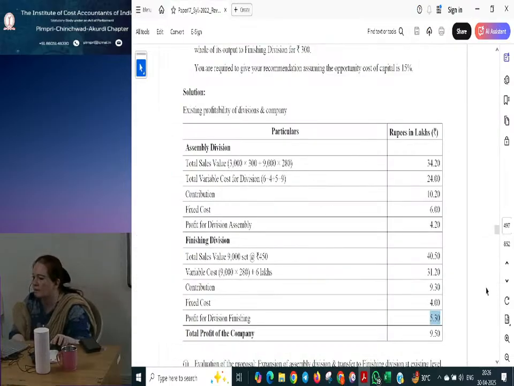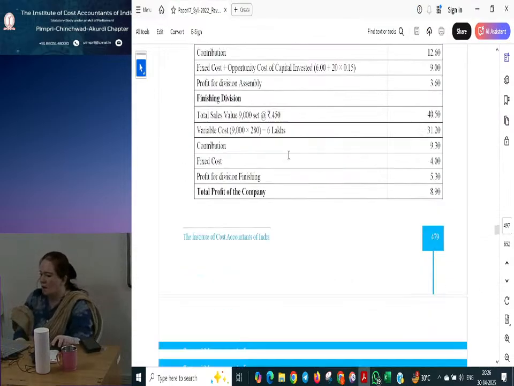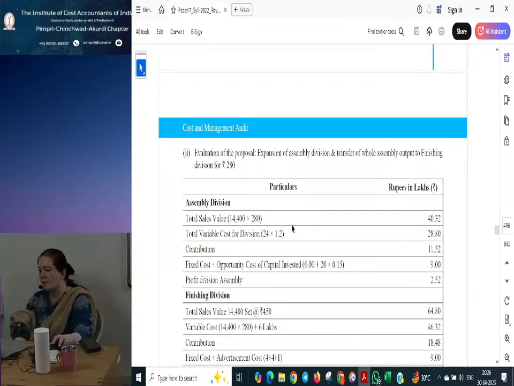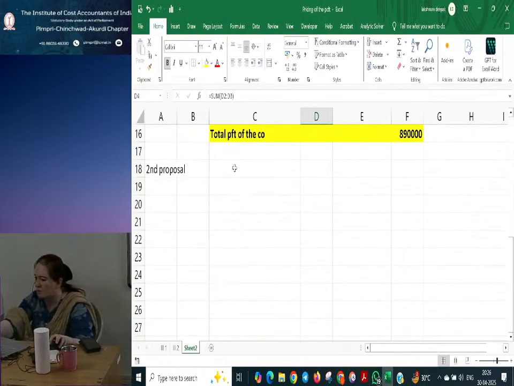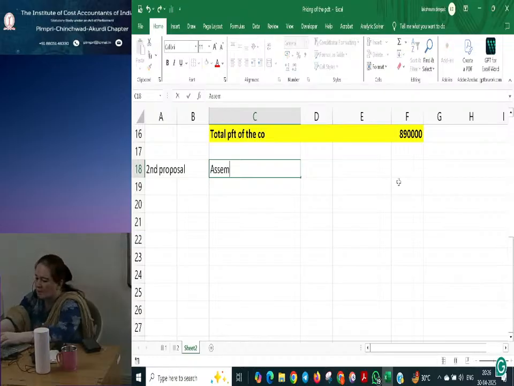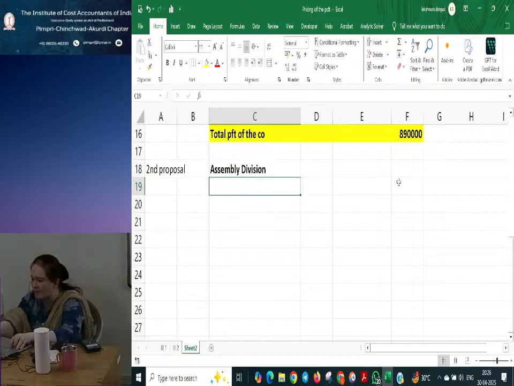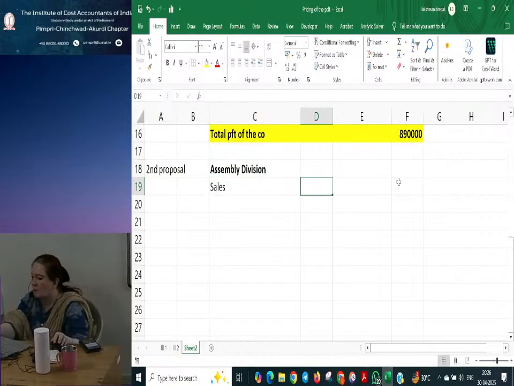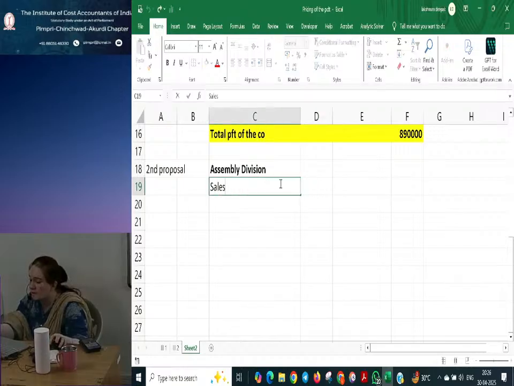So once again, we'll go here. For the assembly division, it is 14,400 into 280, which is going to be 40,32,000. So I'll better work it out. In the second proposal, from the assembly division's point of view, nothing is going to be sold outside. Instead, it will be sold to the finishing department.